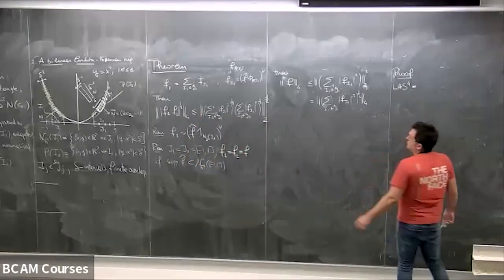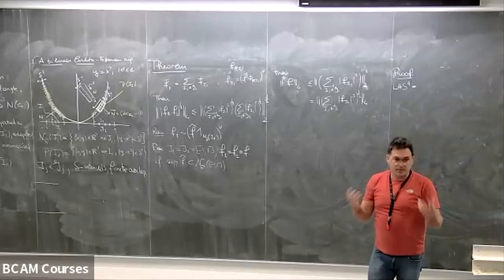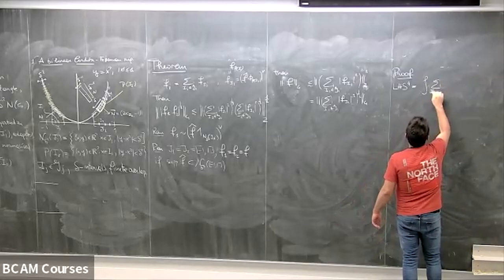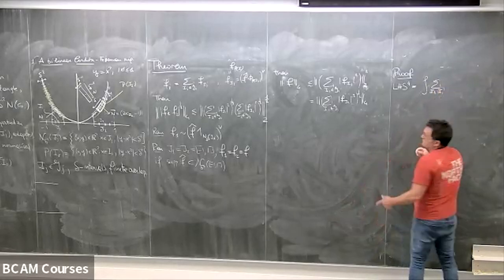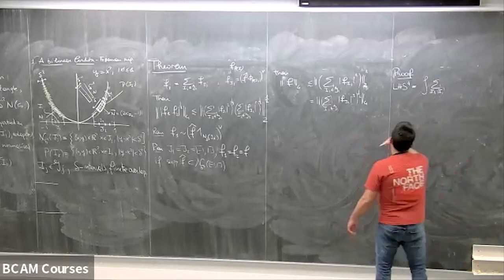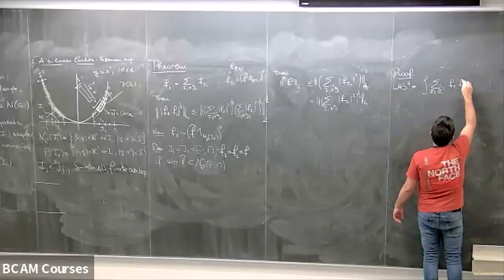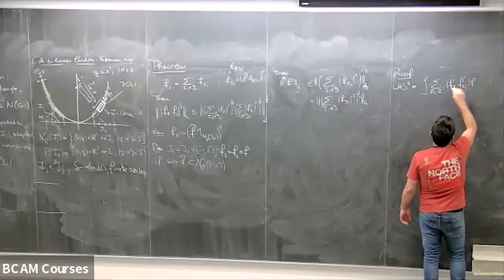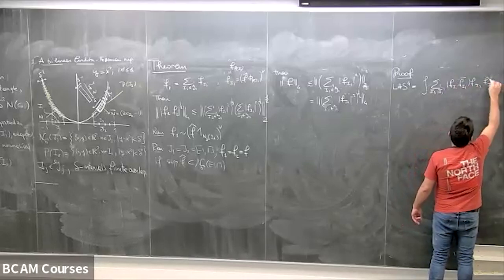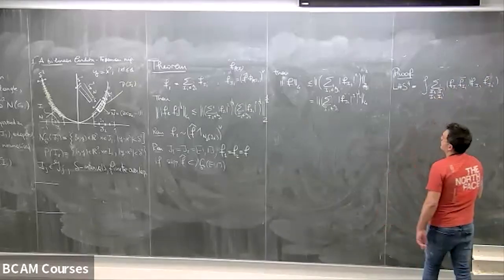So you square f1, you square f2, multiply everything out, and you're going to get this sum over I1 and I1 prime, because that comes from squaring f1, f_I1 times f_I1 conjugate, times f_I2 times f_I2 prime.